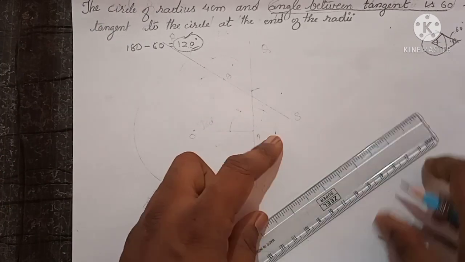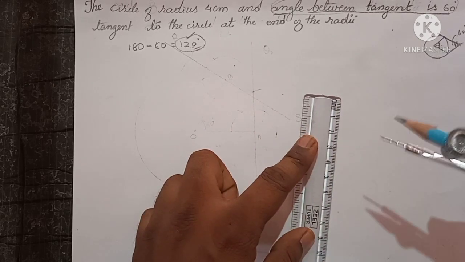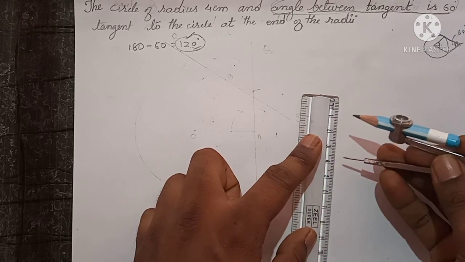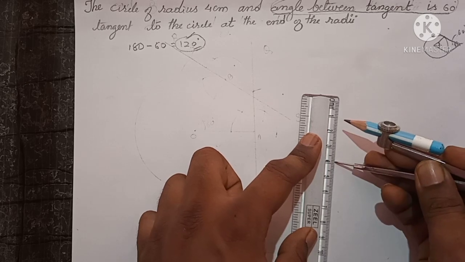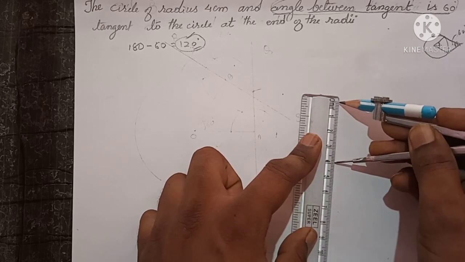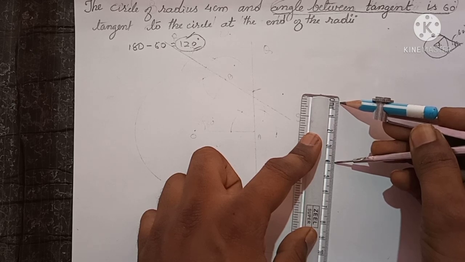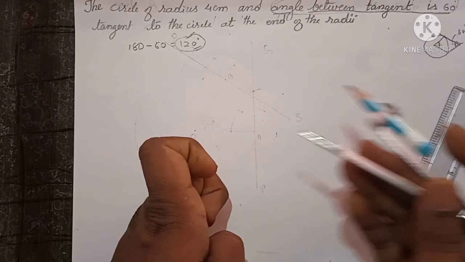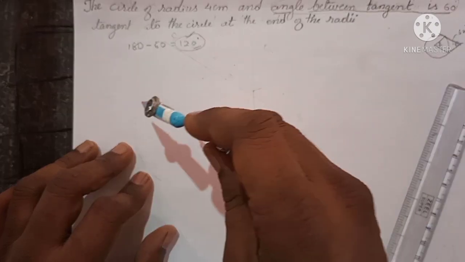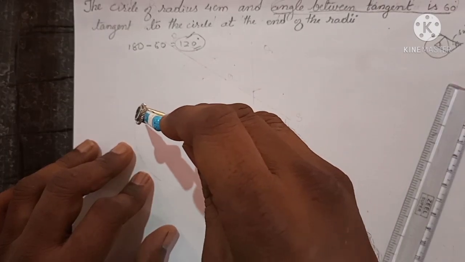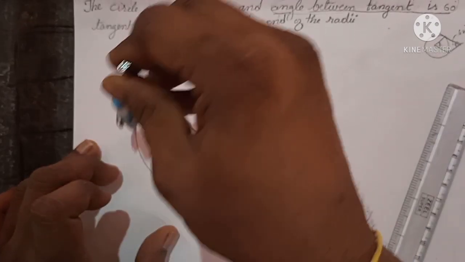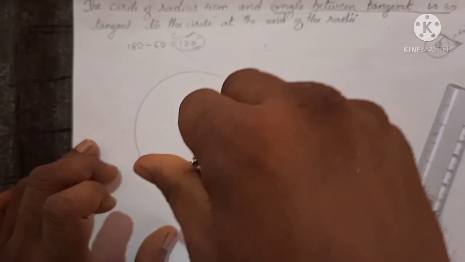First, take the circle of radius 4 centimeter using the scale. Write here: circle of radius 4 centimeter.